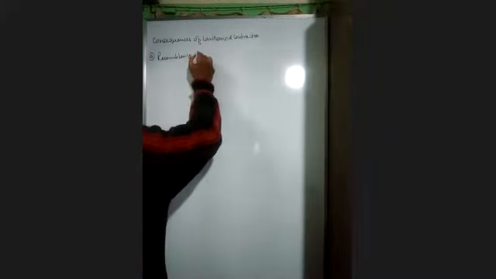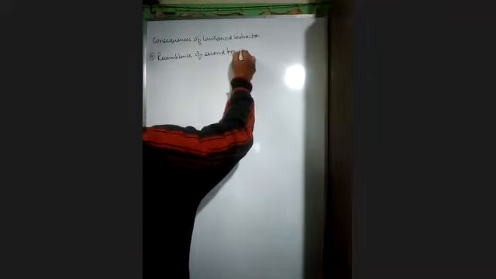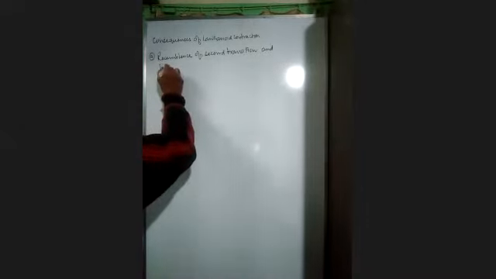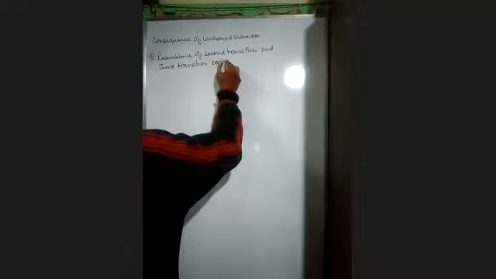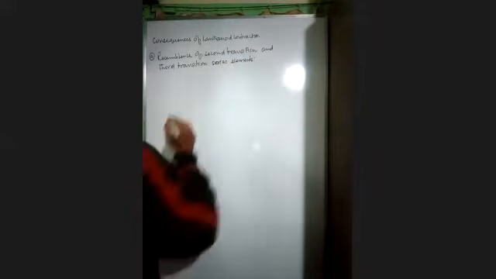Resemblance of. Why? Because after the second series, the 4F, before you go to the third series, you fill up 14 electrons in the F orbitals.